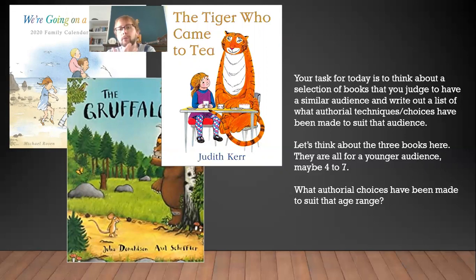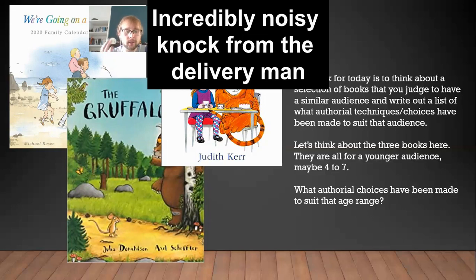That could be through how they write, it could be through the characters they use, it could be through the illustrations they use, it could be through word choices, could be anything you can think of. And then you're just going to write those books down, and then why they are suited to their audience, why the author has made certain choices. That's all you need to do for today.